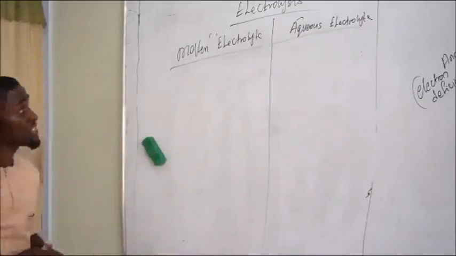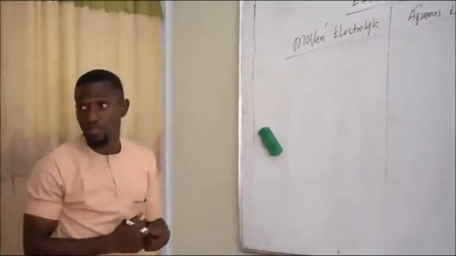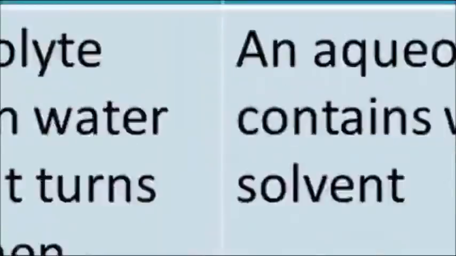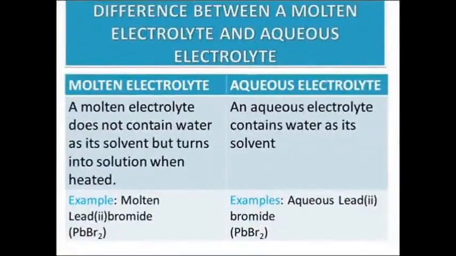I want to tell you that these two words are not the same thing. They are different altogether. When we talk of molten electrolytes, we think of electrolytes that don't contain water as their solvent. Rather, they produce their free ions as a result of heating.